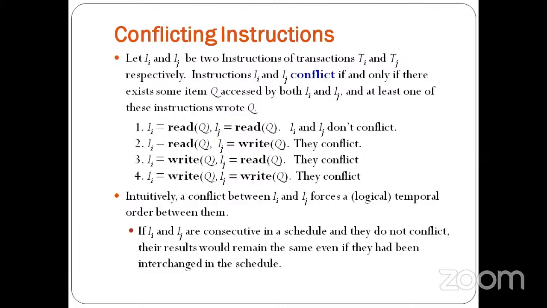So let Li and Lj be two instructions here, and T1 and T2 two transactions.